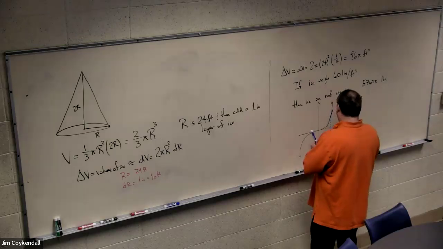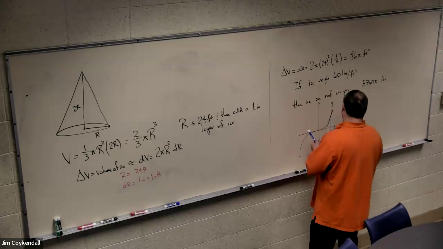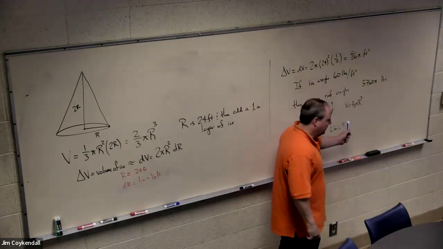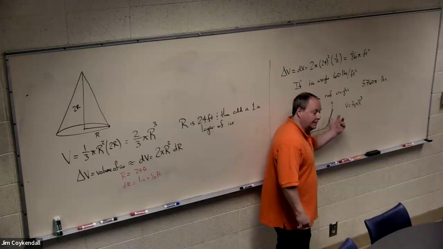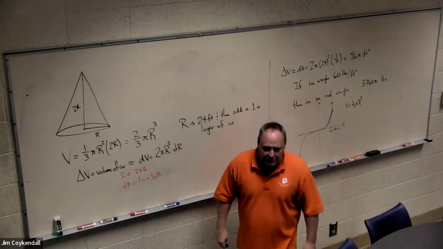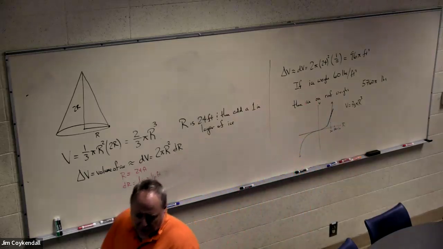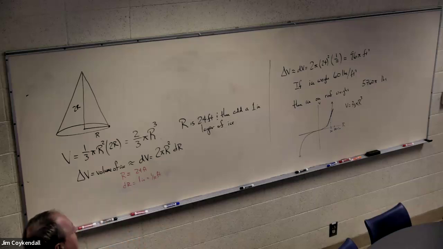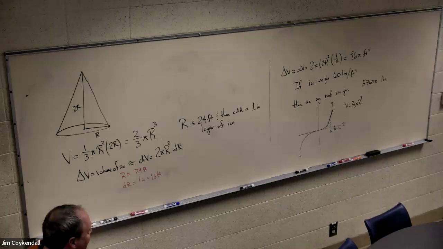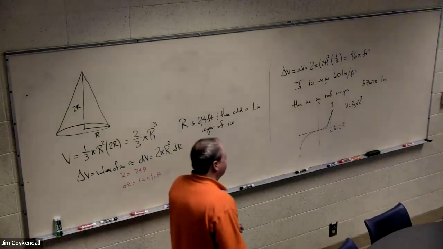Notice that because of the concavity of the curve here, the tangent line, which is feeding my numerical approximation, is actually under the curve. The curve is actual, but the tangent line is under it, so it's giving me an approximation that's a little bit too small. So it's actually a little bit heavy.